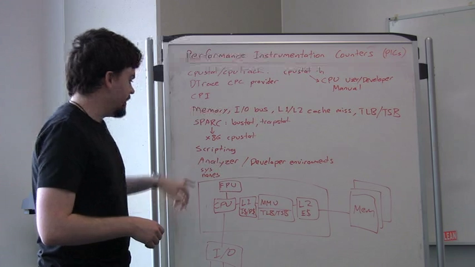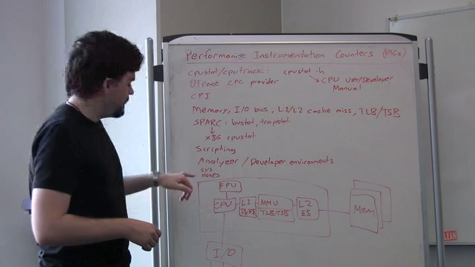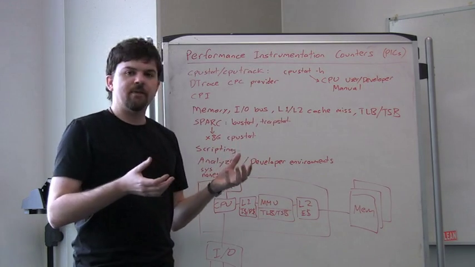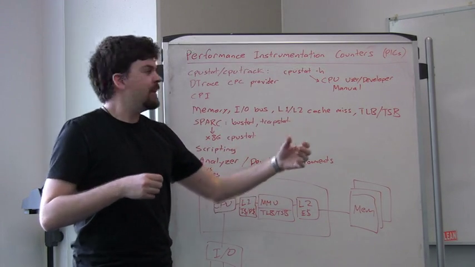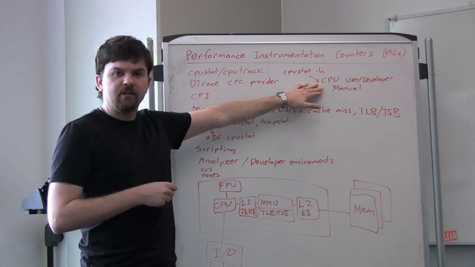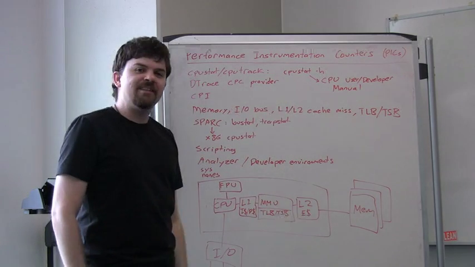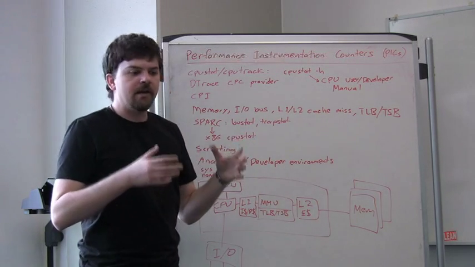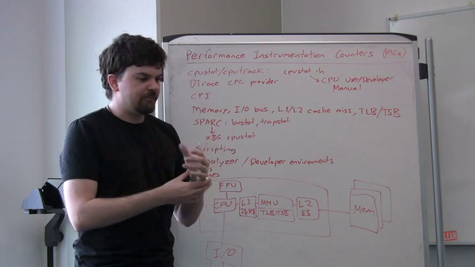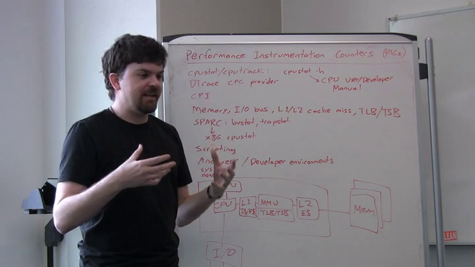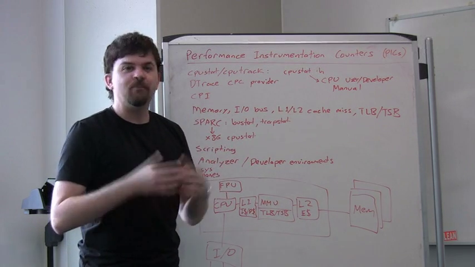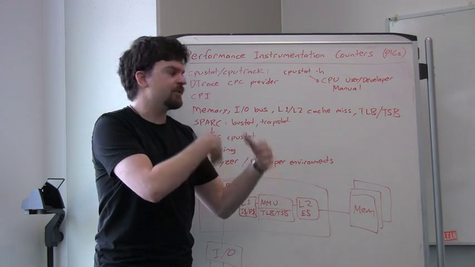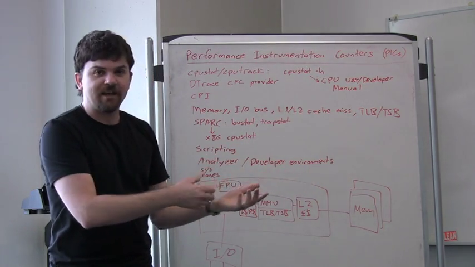And the last caveat I can think of is the names of the cryptic counters themselves. If you type cpustat -h and you see all those names, and you then go to the manufacturer's manual and look them up, they may not be the same. The names that we put in cpustat are things that the Solaris engineers thought would be useful, but they're not the same as what the Intel engineers call their counters, or what the SPARC engineers or AMD call their counters.